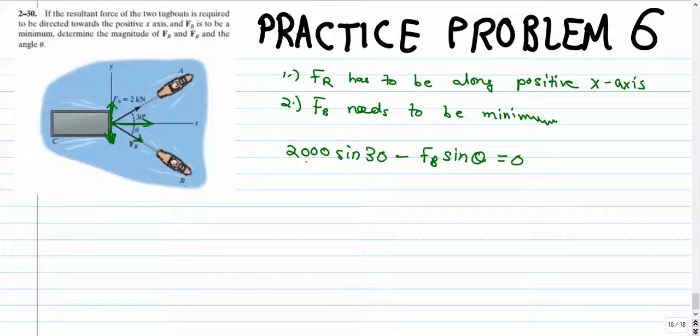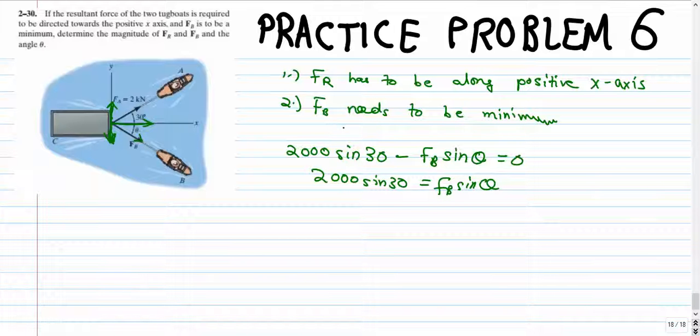And let's just rearrange this. So in other words, as we can see from this equation, the y components of both the forces are actually equal in magnitude. Alright, now let's move on to the second condition.